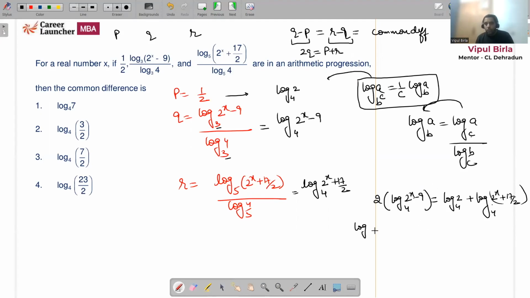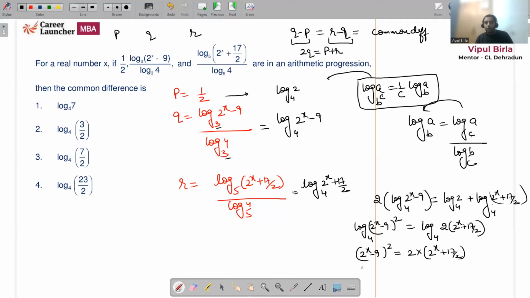Therefore, log of 2 to the power x minus 9 squared, and log a plus log b is log of a into b, which is log of 4 into 2 to the power x plus 17 by 2. If I compare, this can be rewritten as 2 to the power x minus 9 squared is equal to 2 into 2 to the power x plus 17 by 2.